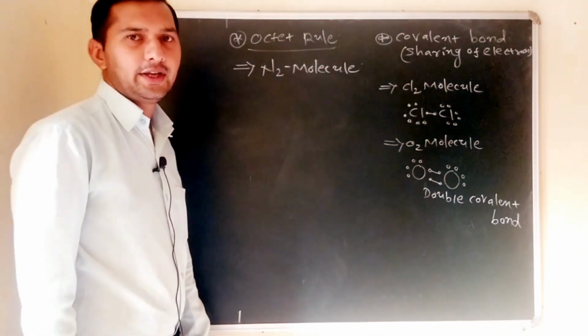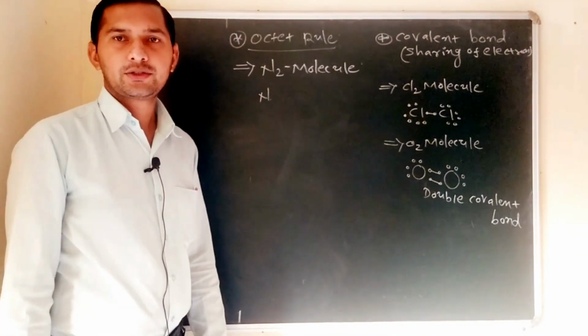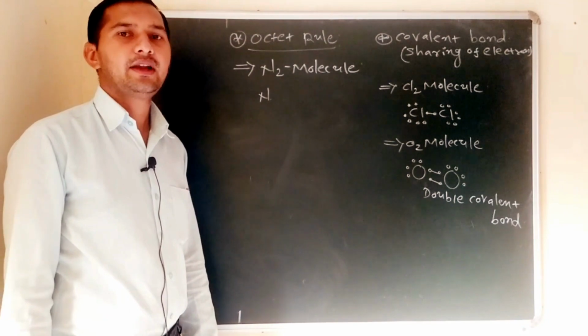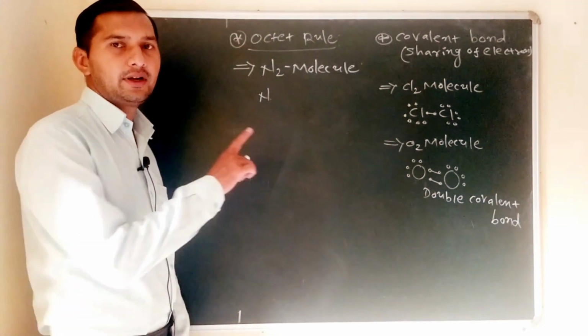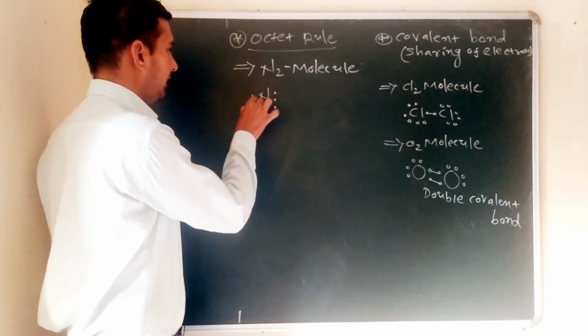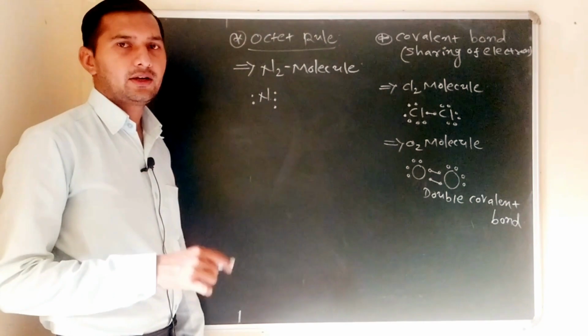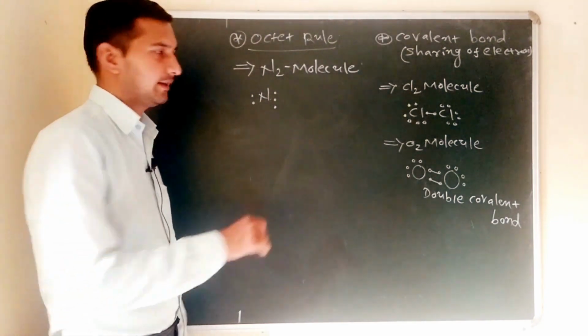The electronic configuration of the nitrogen atom is 1s2 2s2 2p3, meaning 5 valence electrons are seen in one nitrogen atom: 1, 2, 3, 4 and 5. Another nitrogen atom also has 5 valence electrons in its outermost shell.